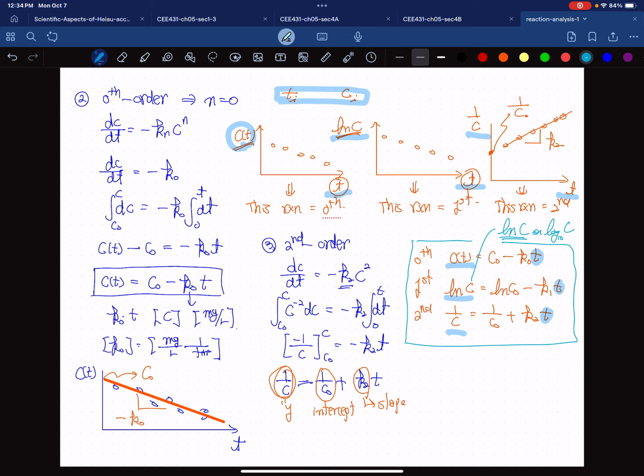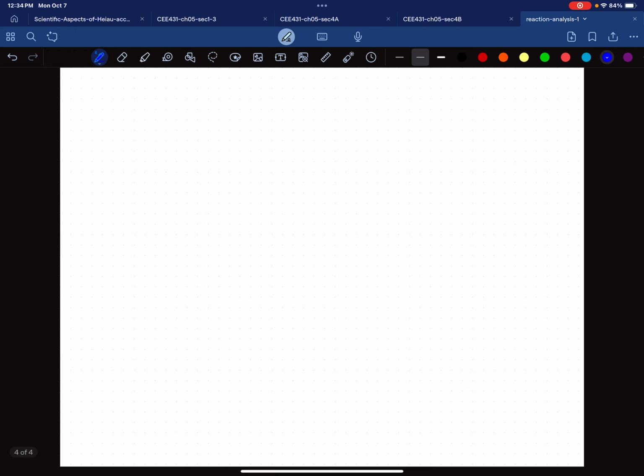Now we can make this case somewhat general. So you can just think about the general case, number 4, nth order. In this case, dC over dt is negative k sub n, C to the power of n. You can reorganize it like C to the negative n dC equals negative kn dt.